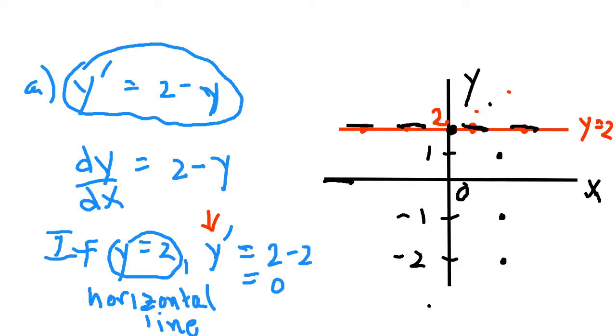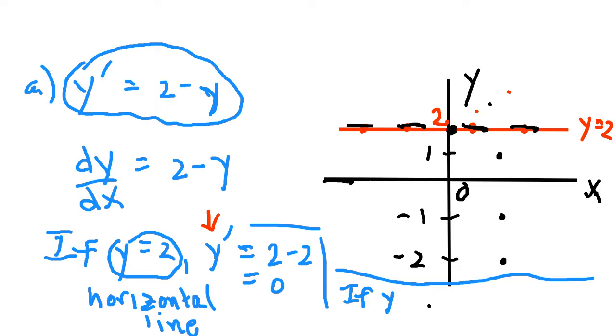Now, let me just phrase it the way I want to phrase it here. Okay, so kind of separate things out a little bit. If y were equal to -2, what's y prime going to be based on the differential equation?